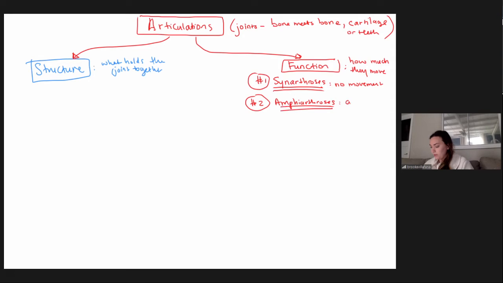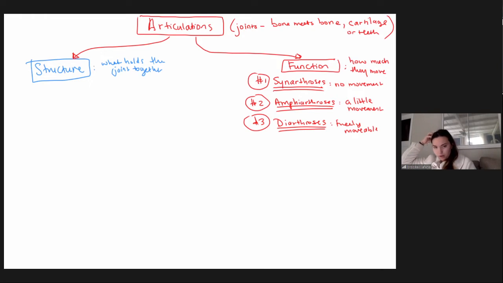Or it's diarthrosis, which means it is freely movable, it has a lot of movement. Your shoulder is diarthritic. Remember how, as a kid, you used to do wheels with your shoulder? Your skull is synarthritic, right? You can't move your skull around a lot. The bones within your skull.